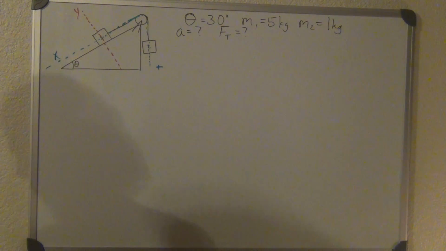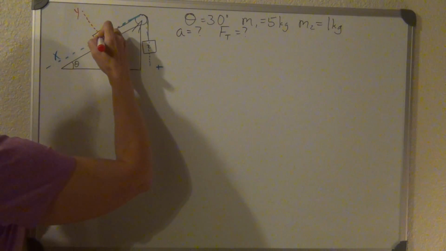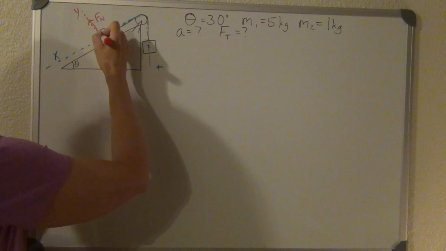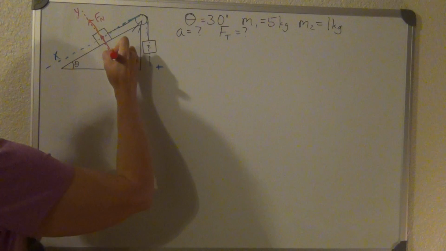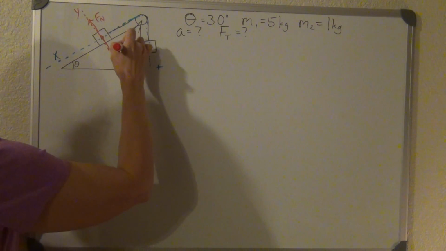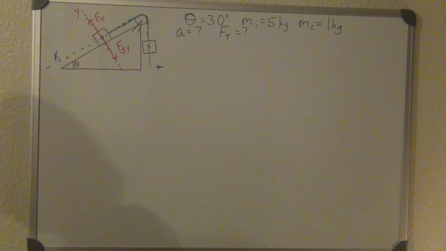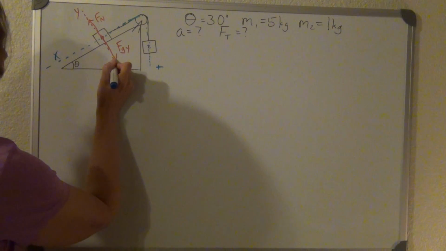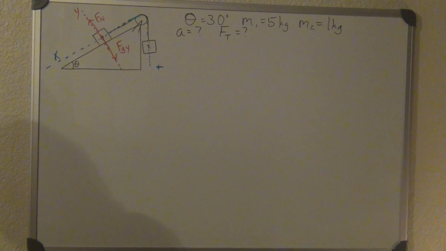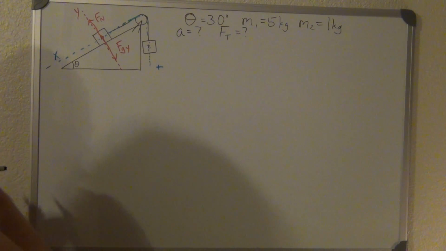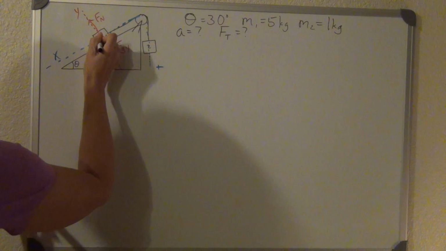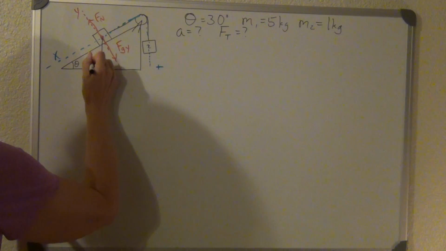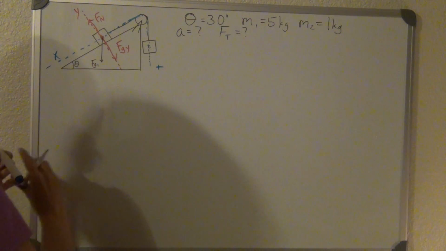And then I'm going to start identifying forces. So we talked about this before. We have normal force. We have FGY. Drawing our gravitational force for that one. This is our FG1.